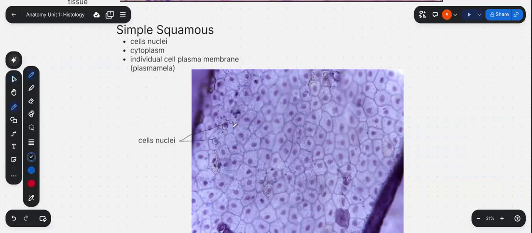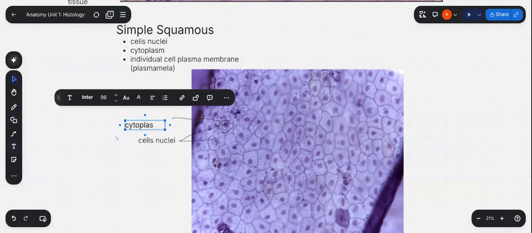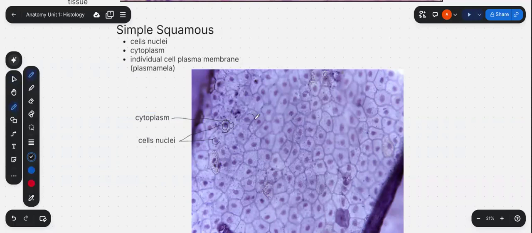All of this space that is around the nuclei inside of the cell, that is your cytoplasm. It is inside of the cell, and it's basically just all of the space that is around the nuclei. Then we have individual cell plasma membranes. Those are all of these little lines that are connecting each cell from the other cells.